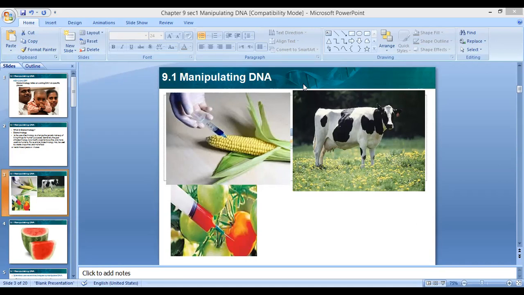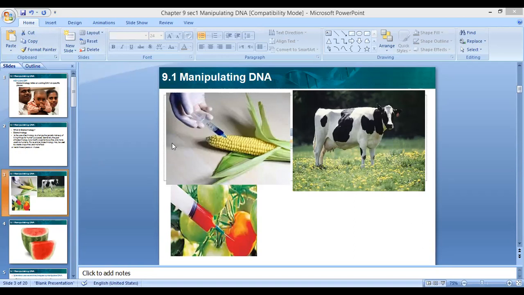Our lesson today will show us how the frontiers happen through biotechnology and how the scientists go through more details on the DNA and how they can manipulate it. Why do they need to manipulate it? To change the DNA of some organisms.